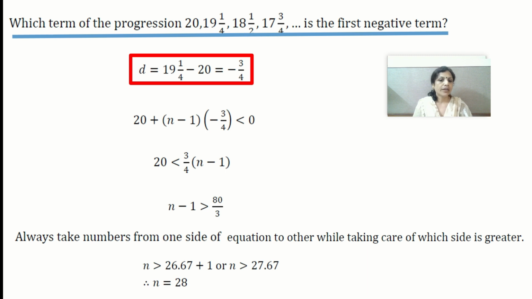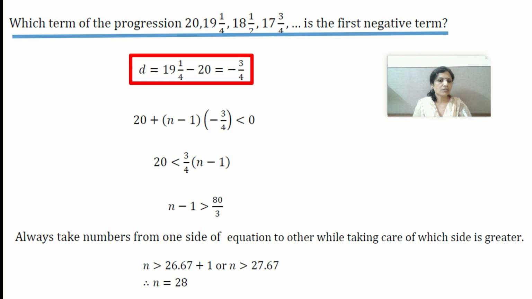Okay, so 20 is less than 3 upon 4 into (n minus 1). We have shifted this minus 3 by 4 towards the right side. When you shift it towards the right side of the inequality, it becomes plus. If you solve it, we get n minus 1 greater than 80 upon 3.